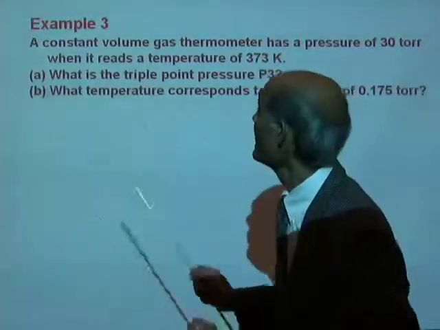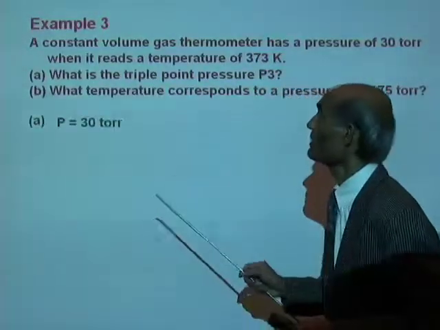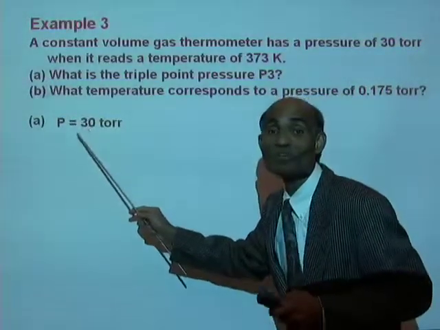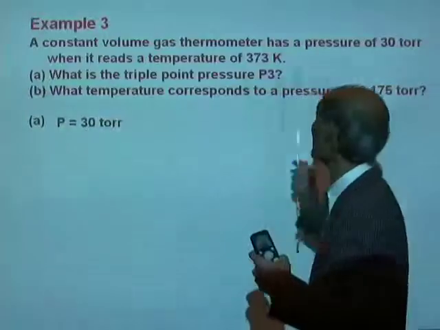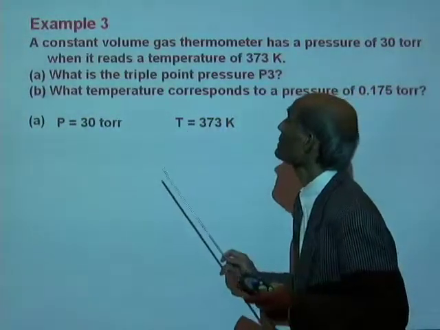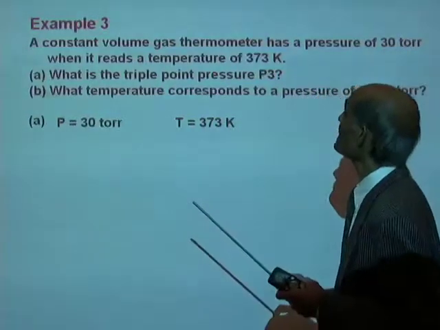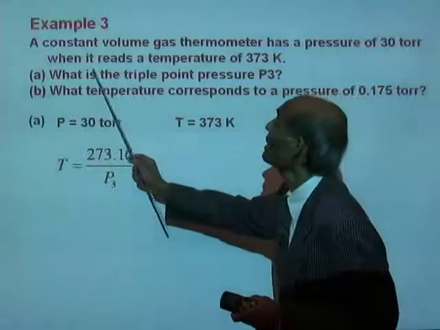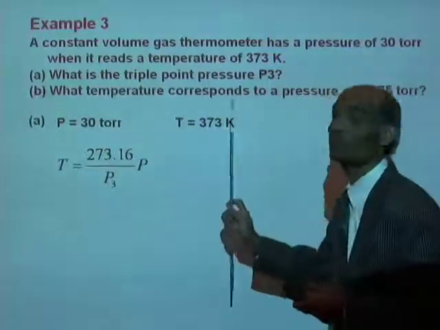Okay, let's see what the given things are. You are given the measured pressure, and we need to find the temperature corresponding to that pressure. T equals 373 Kelvin. And what is it that we want to find first? The triple point pressure.